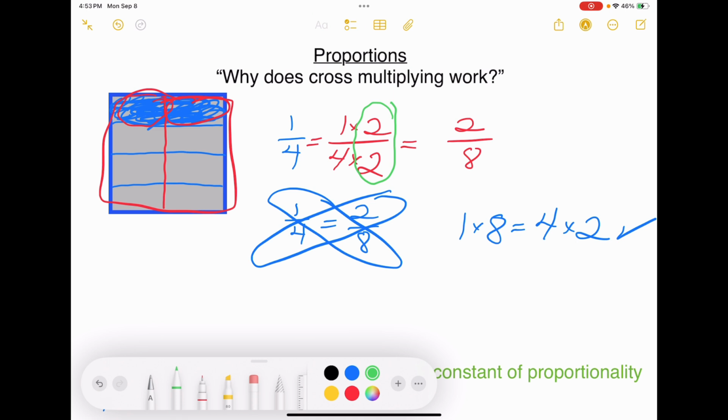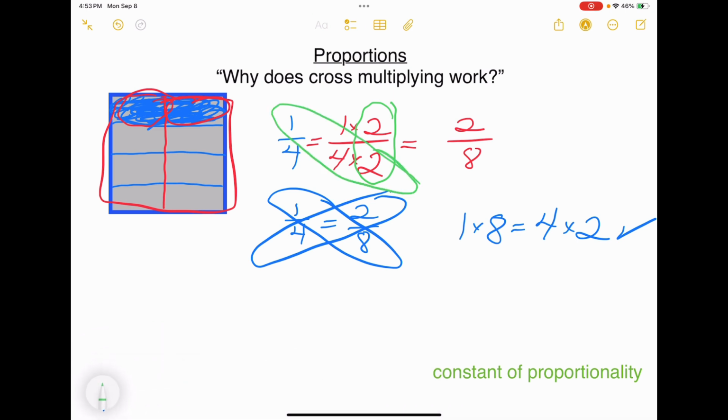The 2/8 came from the 4 times 2 in the bottom. We're actually saying 1 times 4 times 2, and in the other direction, we're actually saying 4 times 1 times 2.